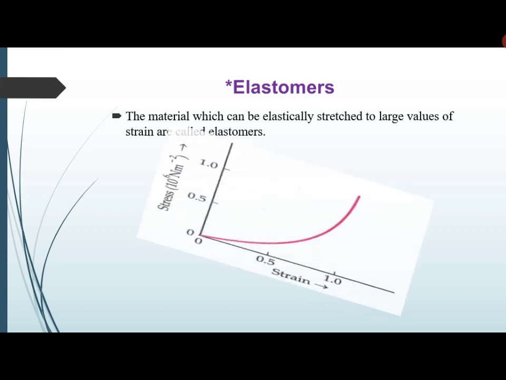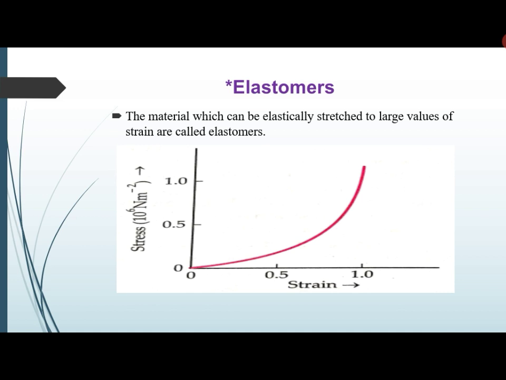We are having a graph for the elastomers, and you can see from this graph that strain is increased for small stress, and beyond a particular point, that is the elastic limit for this elastomer, there is a break.